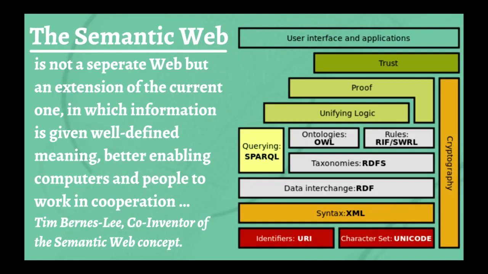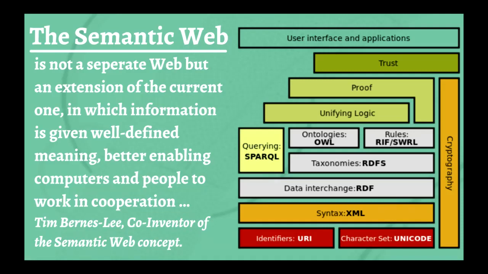The base, which are the red blocks, show the URI or identifiers, which can be in several different formats, and Unicode, which are character sets. And then on top of that, the syntax, XML, and that's very important because it's machine-readable language. The data interchange happens through RDF, which is also machine-readable, and taxonomies can be built using the same RDF.